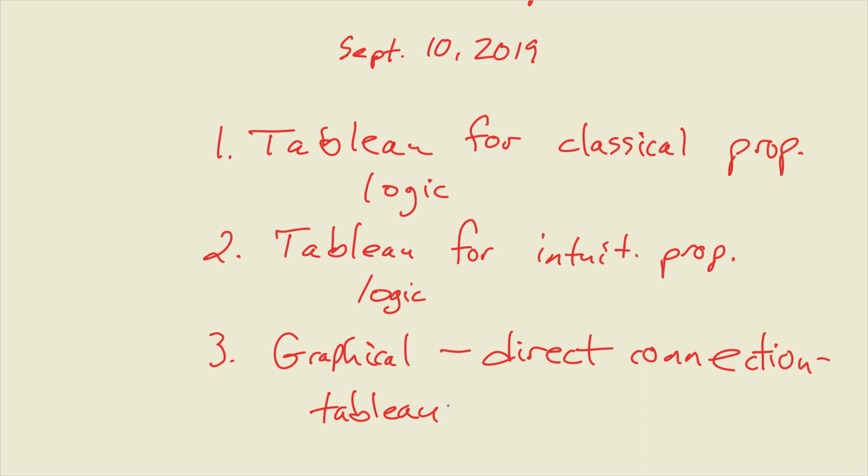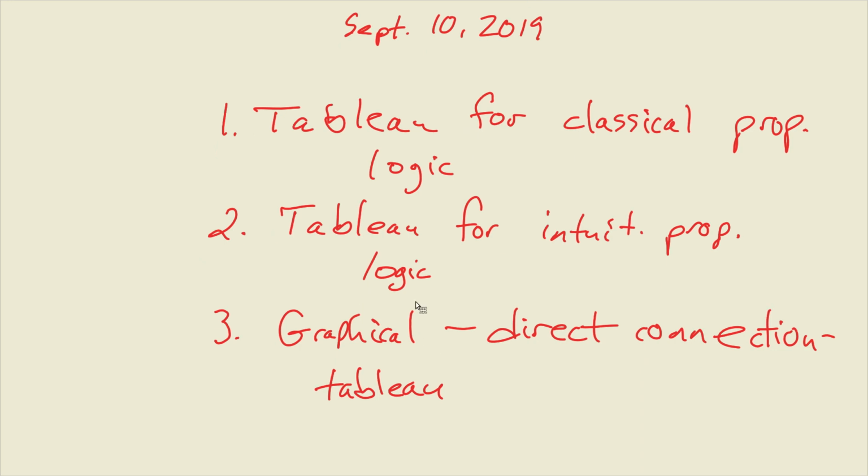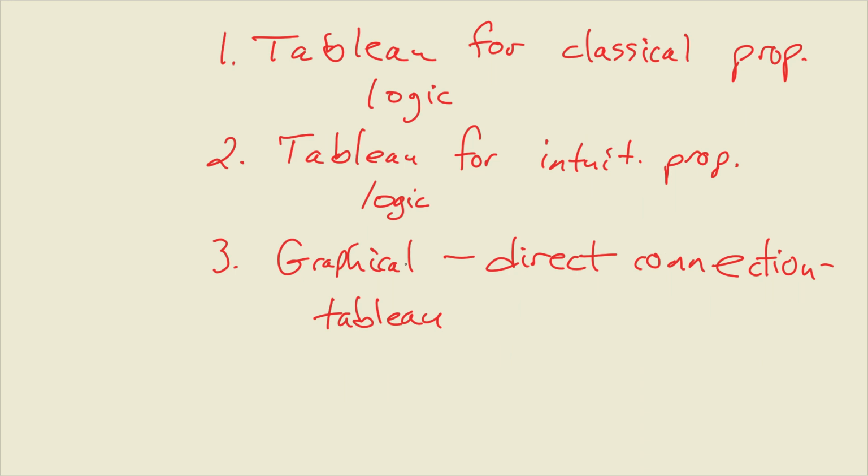So there isn't really a direct connection that you can see in the tableau itself from the stuff you put at the end of a branch to its immediate origin or ancestor. And so we want to change that. I have no idea if this is something you could find in the literature on tableau. I'm not an expert on tableau. But we're going to try to have a different notation for tableau where the connections are more explicit.